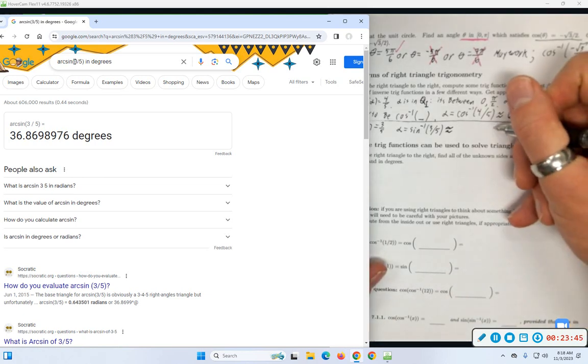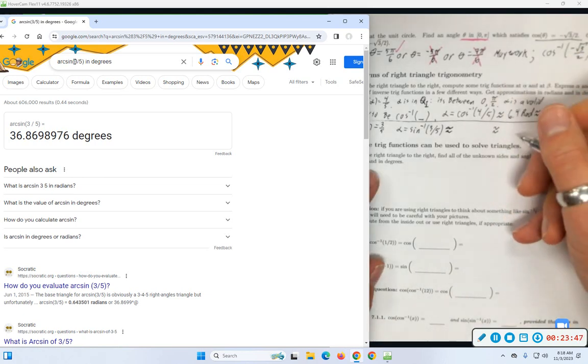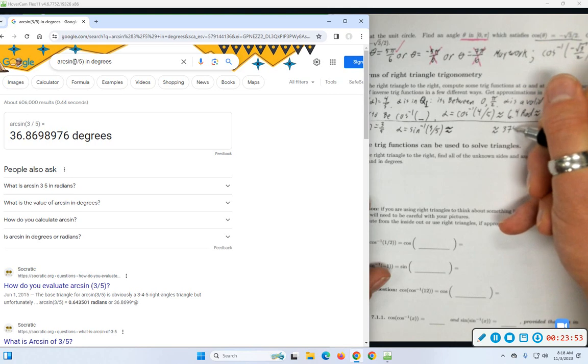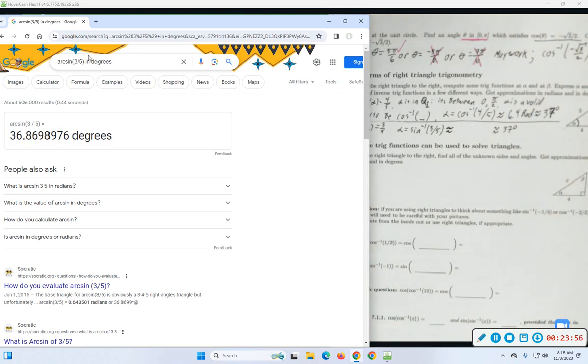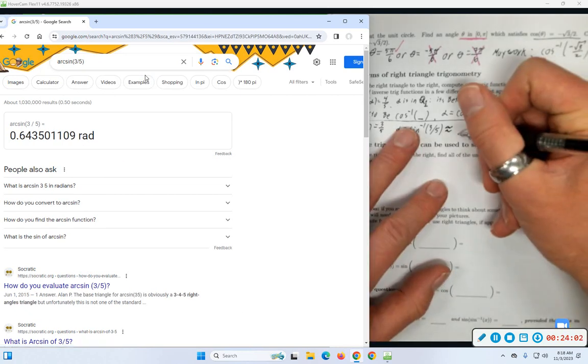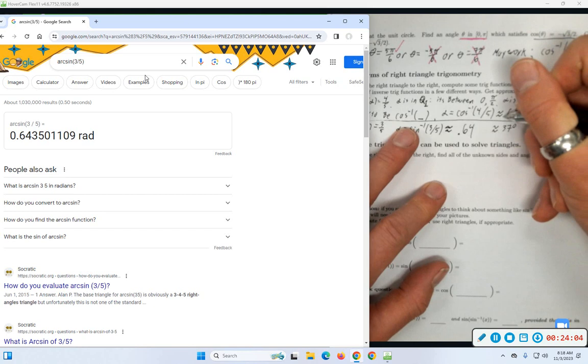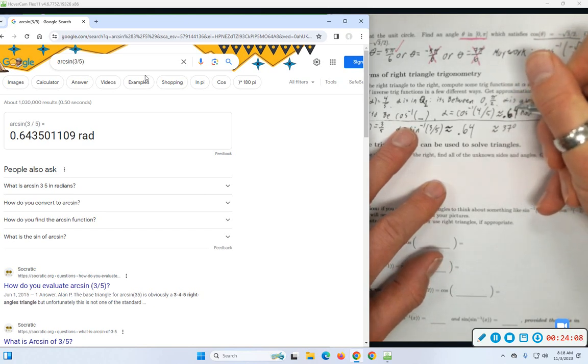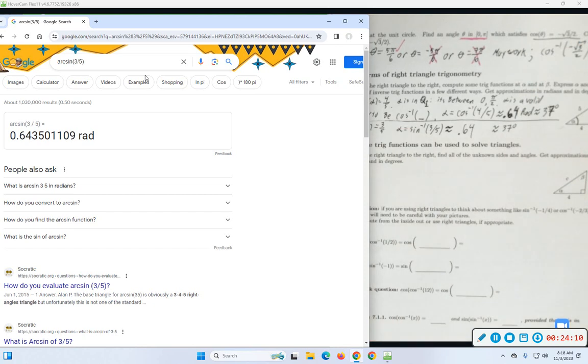Apparently, that is about 37 degrees. And if I do it in radians, it's about 0.64. My goodness. I absolutely should not be trusted to copy down any numbers on my own.